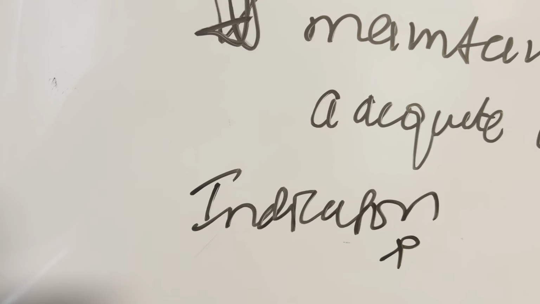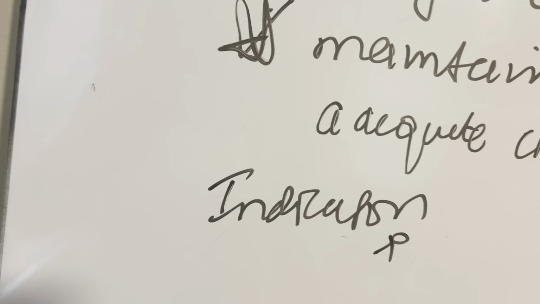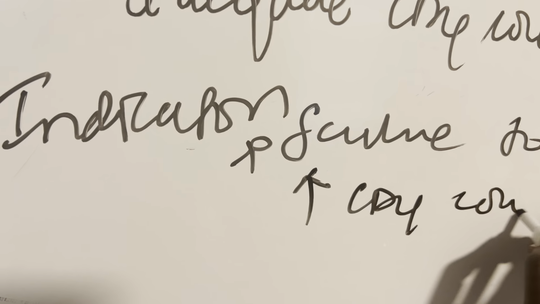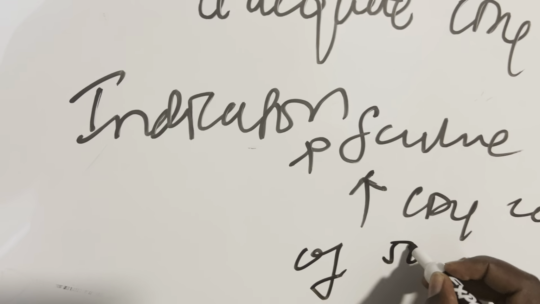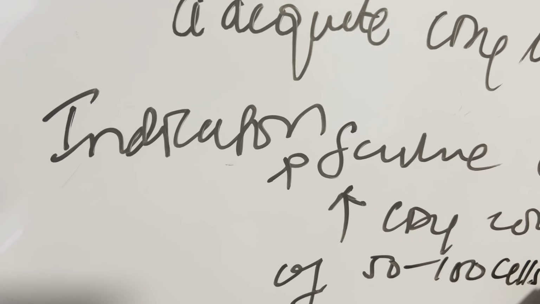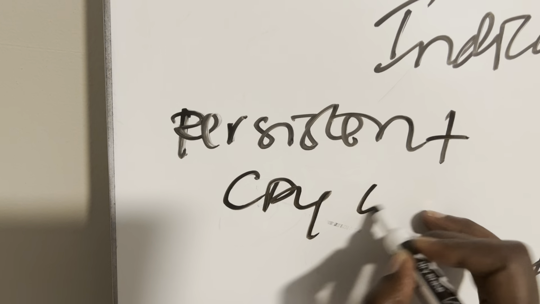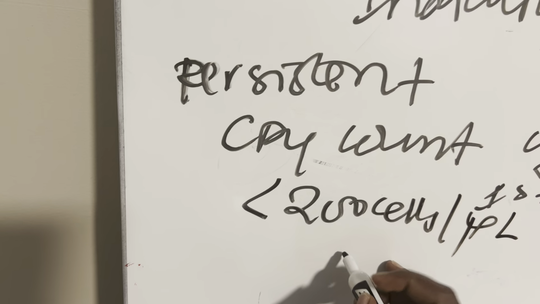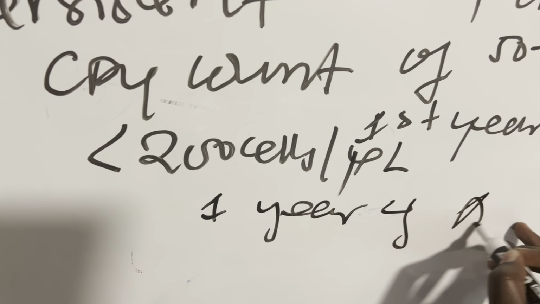Failure to increase CD4 count by 50 to 100 cells per microliter in the first year of antiretroviral treatment, or persistent CD4 count below 200 cells per microliter after 1 year of ART.